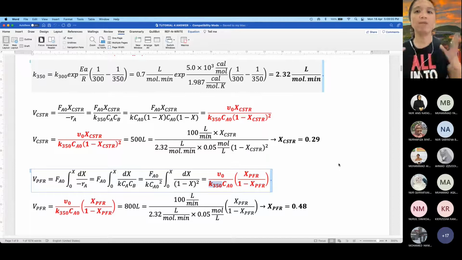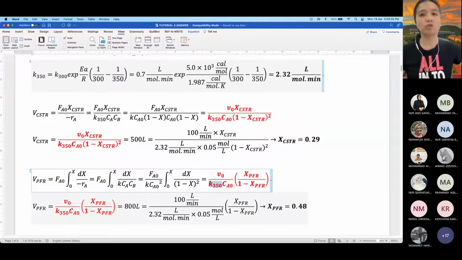Walaupun kita berubah reactor, asalkan kamu tak ubah suhu tindak balas, the K is still the same. So kamu kena faham konsep apa yang berubah dengan reaktor, apa yang masih sama. So nilai K ni hanya bergantung kepada suhu tindak balas. Okay, dia tak dipengaruhi oleh jenis reaktor yang berlainan. So nilai K masih sama, you will use 2.32.